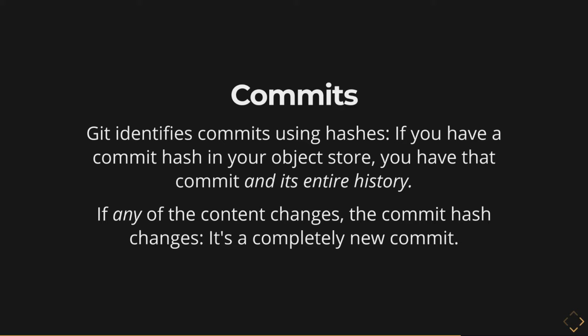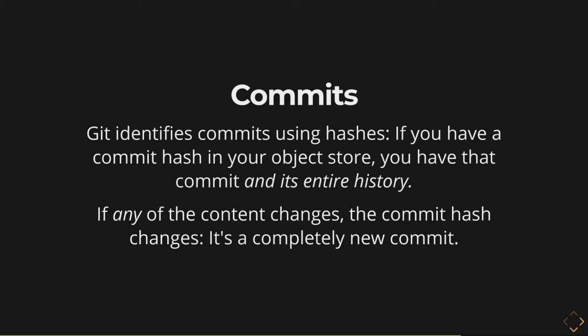If any change at all happens to a file or a blob, the hash of that blob will be wildly different. So if any change at all happens to the files that are checked in, that will be reflected inside the commit by a very, very different hash.